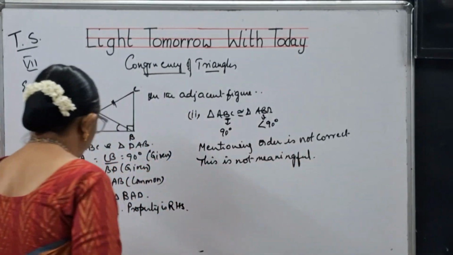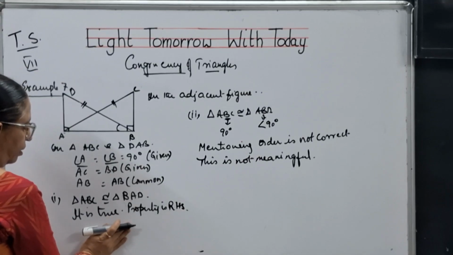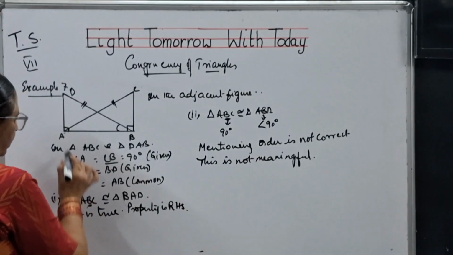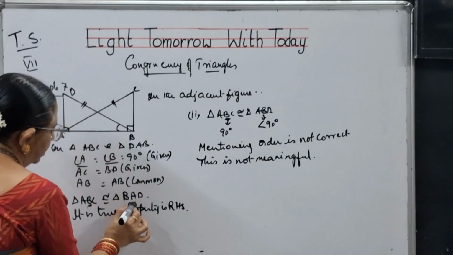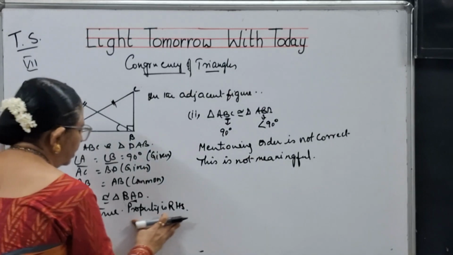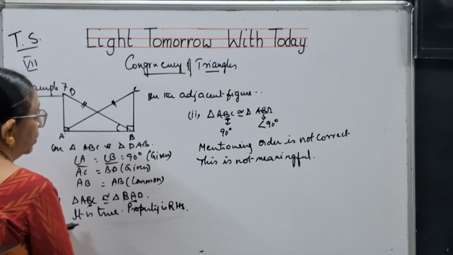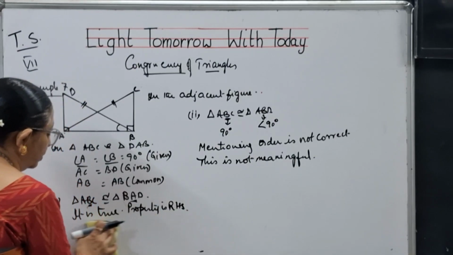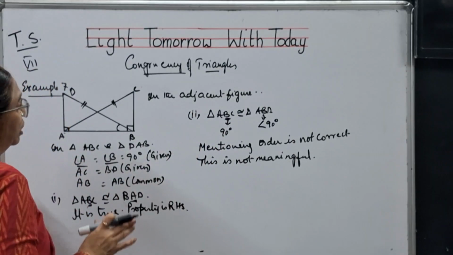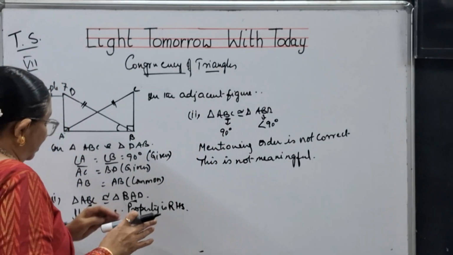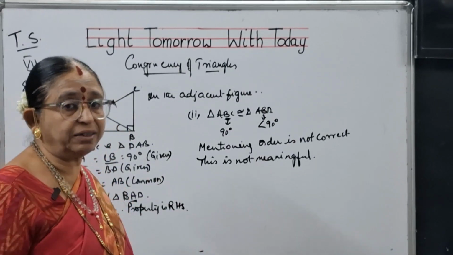So which is meaningful, he is asking. We can say that the first one is true. It is a meaningful one. Because in ABC, B is the right angle, and in BAD, A is the right angle. So this kind of representation is correct. So you should know how to represent a given triangle basing on the values given to us. Here we feel that ABD or BAD are one and the same. But the problem is very particular about the order that is mentioned.